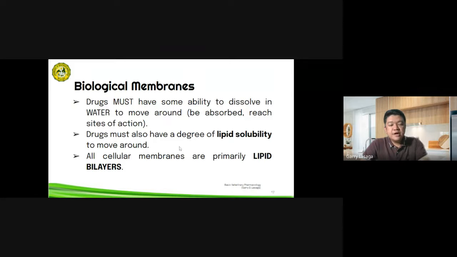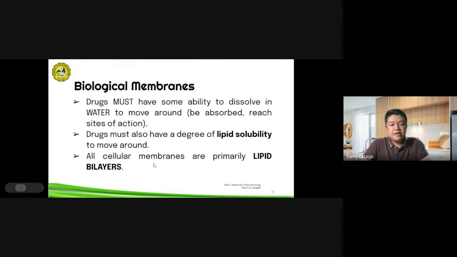Drugs must also have a degree of lipid solubility to move around. For a drug to be absorbed, it needs a certain degree of lipid solubility.